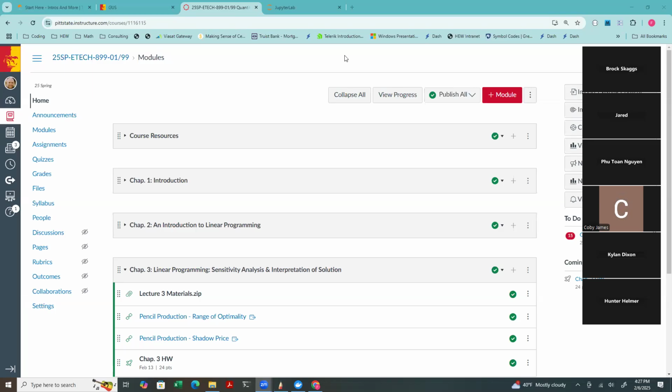Typically in this class, we don't actually write the solvers themselves. Instead, we use pre-packaged solvers. I've talked about the MS Excel solver that's built into the Microsoft Excel application. There are also other solvers from the Python, Pyomo, GLPK side of things.